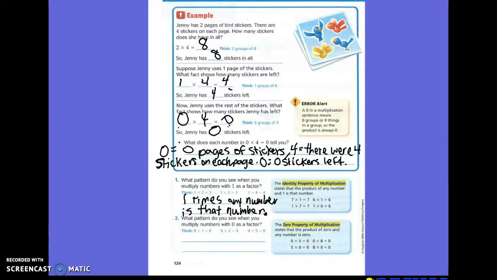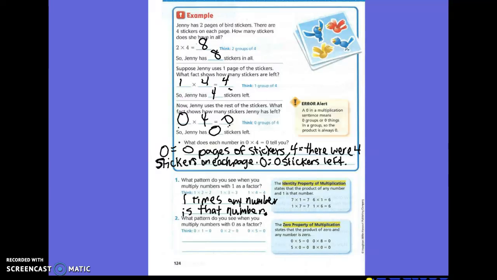When you multiply by 1, what's the property called? Listen. I'm going back to number 1. 1 times another number is what property? Identity property of multiplication. It's the identity property. When you multiply by 1, you are doing the identity property.